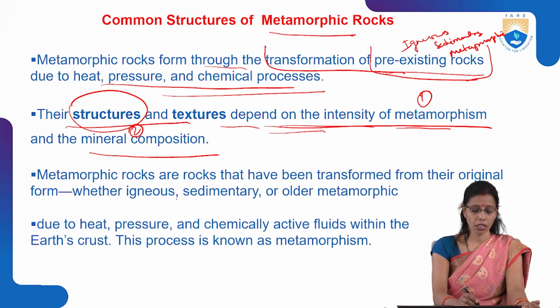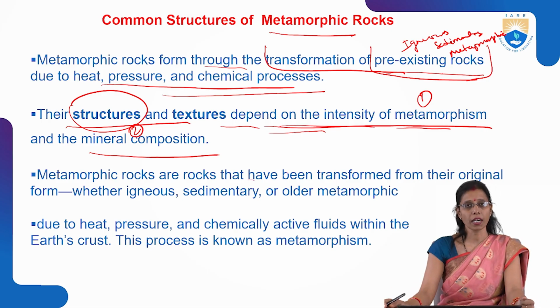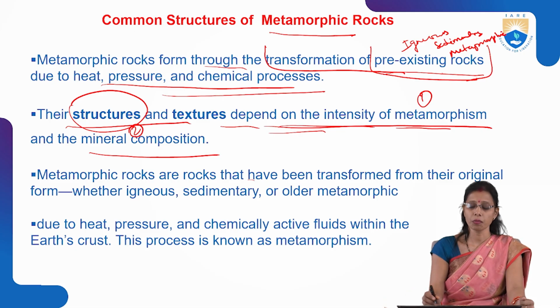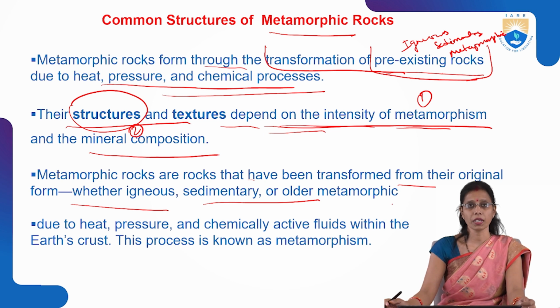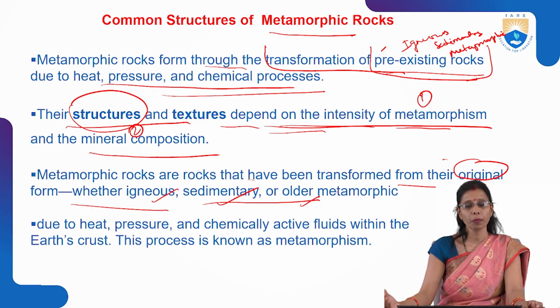Now, metamorphic rocks are rocks that have been transformed from their original form, whether igneous, sedimentary, or older metamorphic. As I said before, metamorphic rocks are formed from older original rocks, which already exist in the form of igneous, sedimentary, or older metamorphic rock.